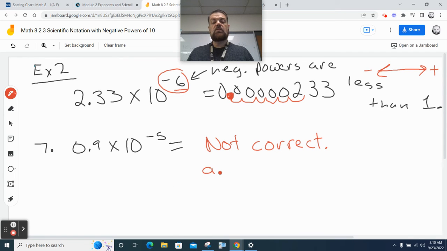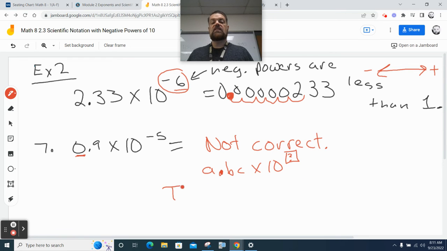Remember, you need a number in the front, 1 digit in the front, greater than 0, right? You can't have a 0. See how they have this 0 here? Now, mathematically, you could write it down this way, but that's technically not scientific notation. Okay, so you got to have a number in the front and then some other numbers, whatever they are, times 10 to some power. That's the right way to do it.